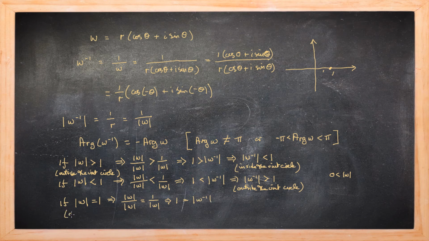So this is on the unit circle for w, and we've just shown therefore that w to the minus 1 is also on the unit circle. So that's the final observation that we made when we were working away with the animation.